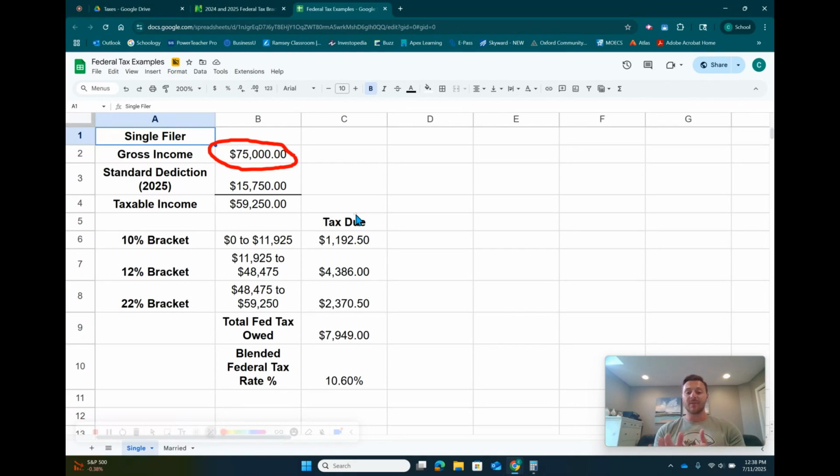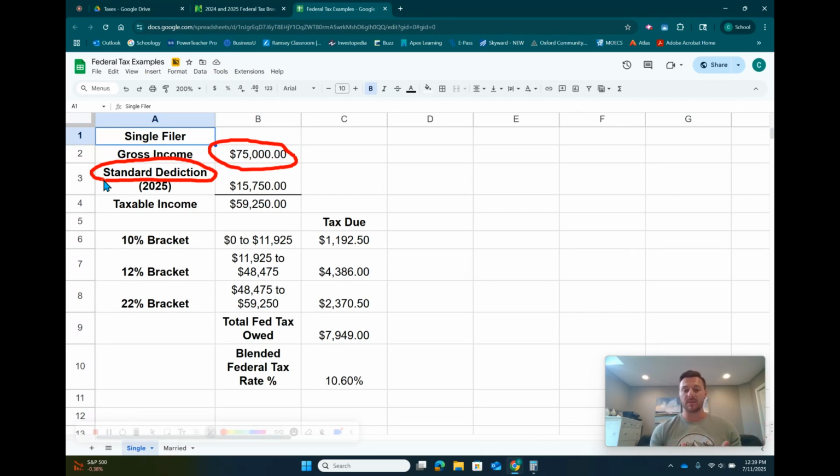Now, everybody gets what's called a standard deduction, which most people take since the Tax Cuts and Jobs Act back in 2017. Most people take the standard deduction now because itemized deductions are too hard to pass the standard.